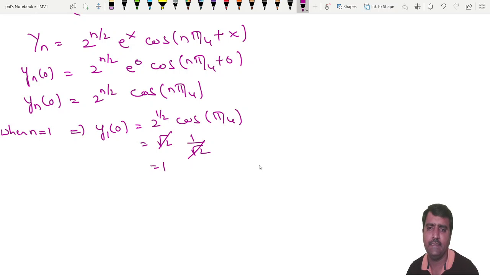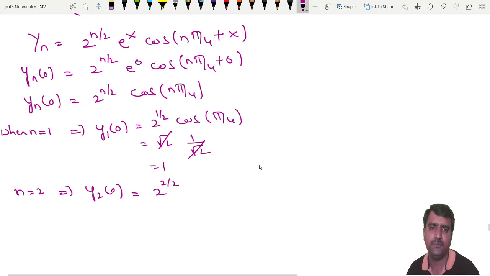Similarly, when n is equal to 2, y2 of 0 is equal to 2 to the power 2 by 2 into cos of 2 into pi by 4. So 2 ones are 2, 2 twos are cos 90. Cos 90 value is 0.